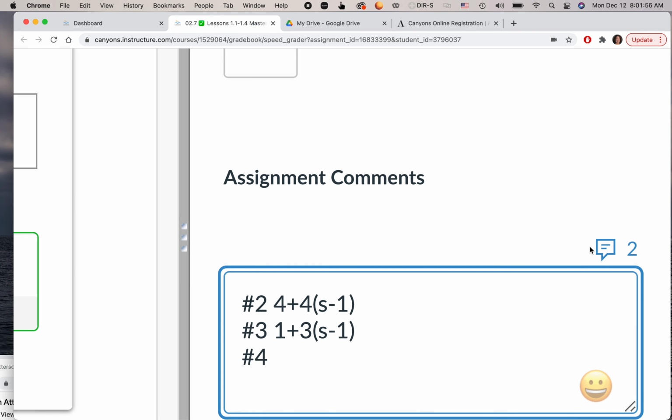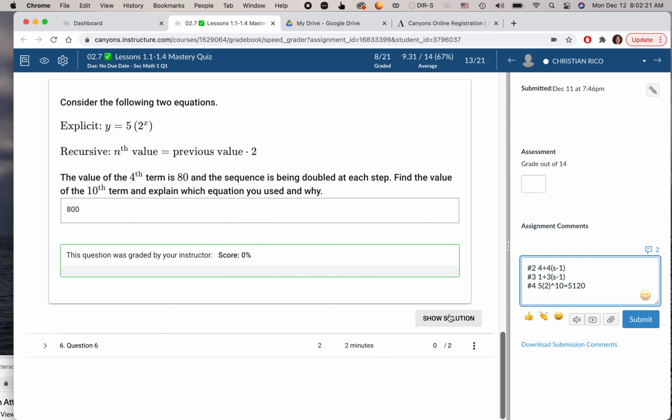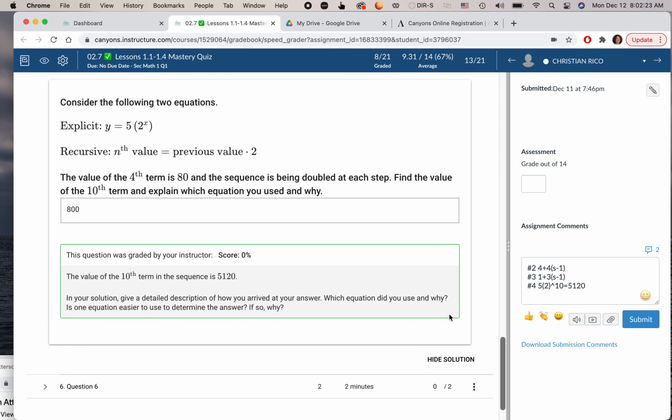So to get the 10th term, you would put in 5 parenthesis 2 to the 10 on your calculator, and then you're able to get the correct answer, which I believe is 5120. Let me double check that. Yeah, 5120.